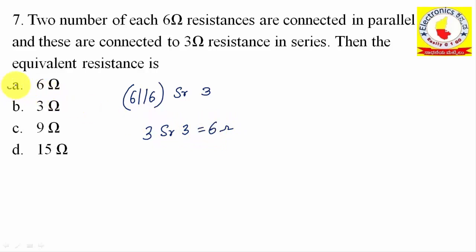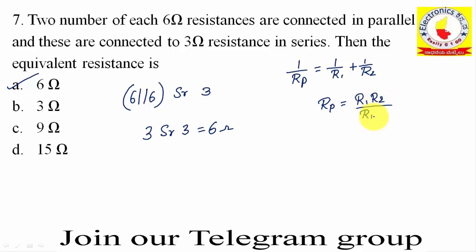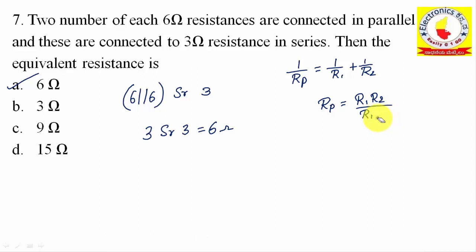Or else just go with the formula 1 divided by Rp, which is equal to 1 divided by R1 plus 1 divided by R2. Resistance in parallel again. Or taking LCM, Rp equals R1 R2 divided by R1 plus R2, right? Substitute in this, 6 into 6 divided by 6 plus 6. 36 divided by 12, which is 3.